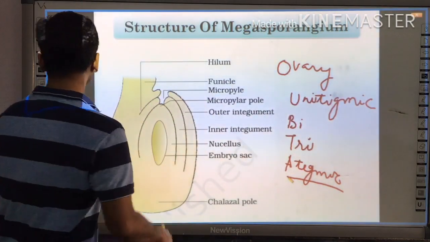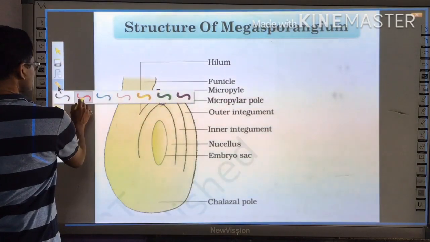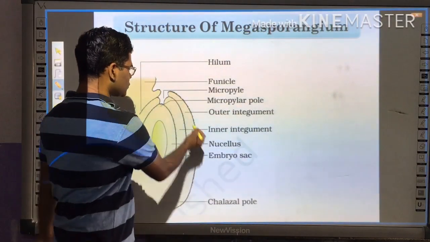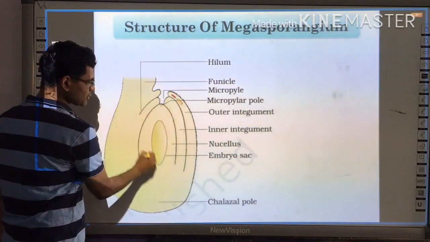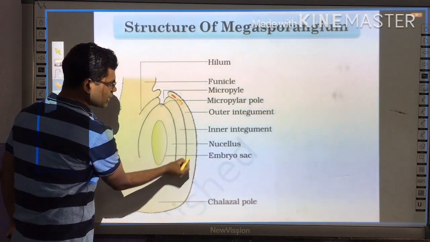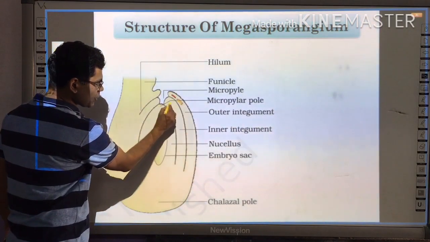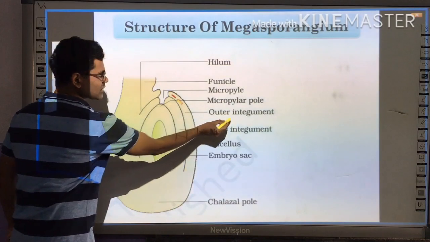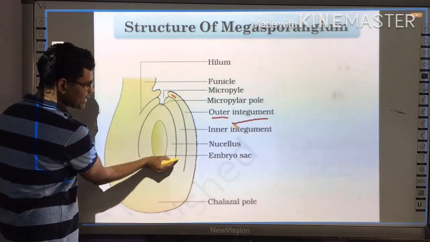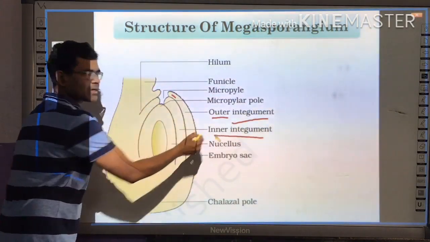Okay, so we were discussing the integuments. Here, as you can see, this is the nucellus, and this is the outer integument, followed by the inner integument. This is the outer layer, hence termed the outer integument. The inner layer is termed the inner integument.